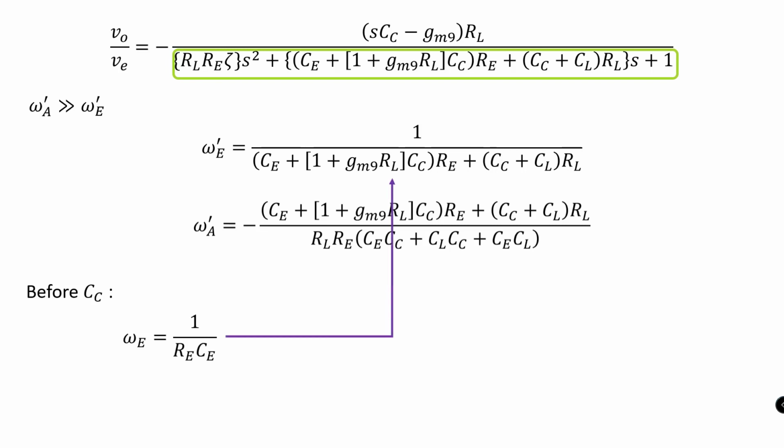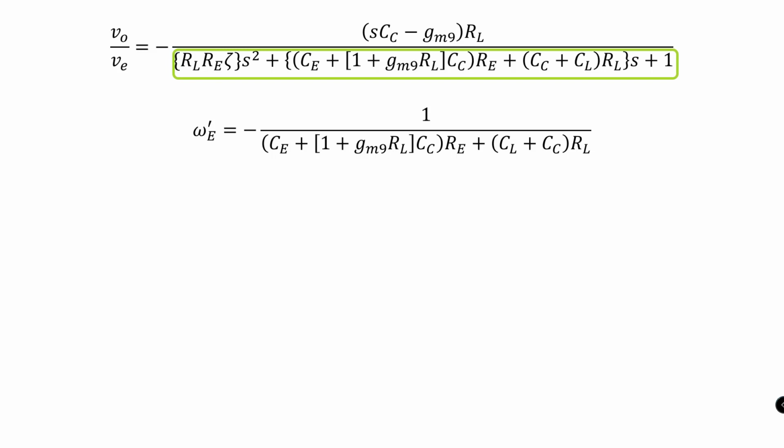You could certainly note that there is a difference in the expression that we derived for the dominant pole before and after the placement of the Miller capacitance. But also note, not just the dominant pole, but even the non-dominant pole expression has changed. So let us study the behavior of both these poles with respect to the Miller capacitance.